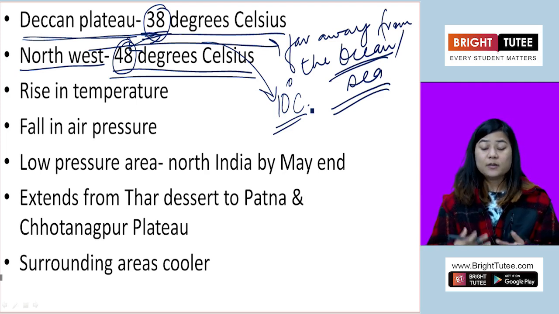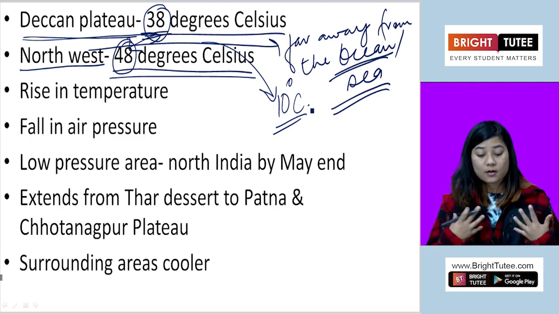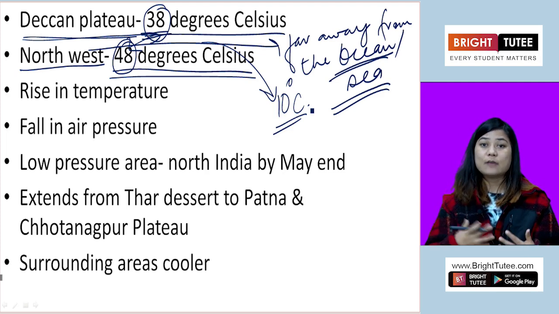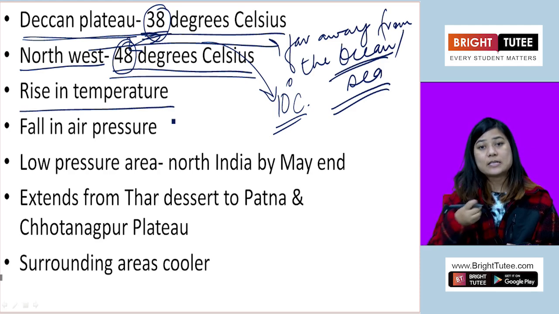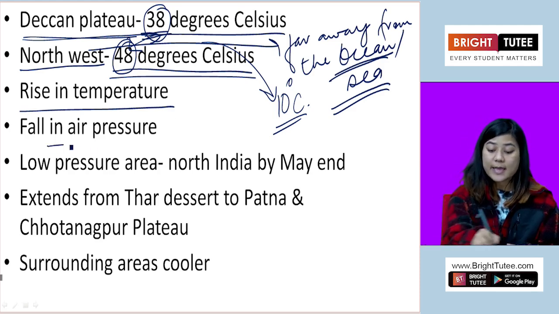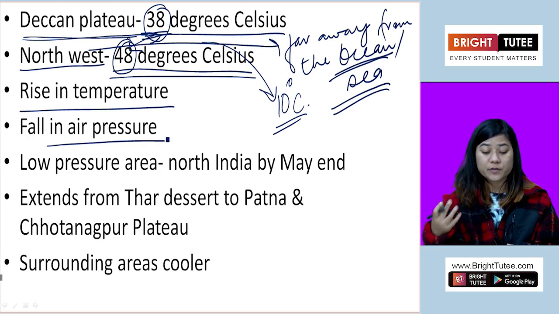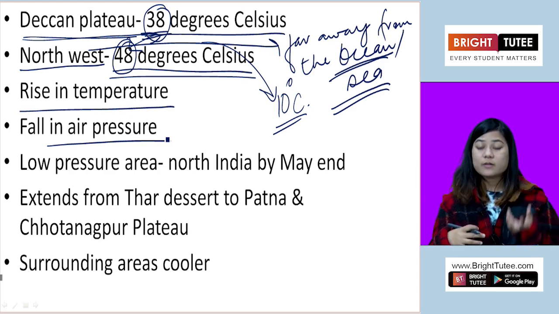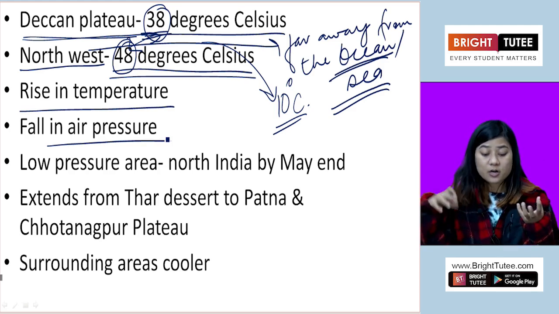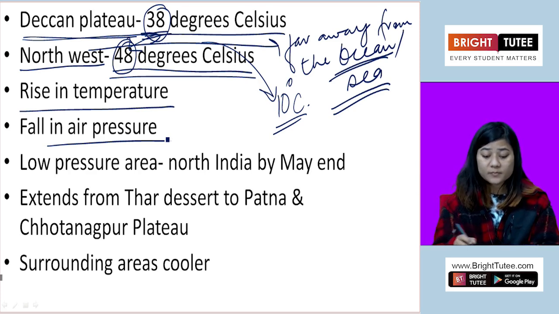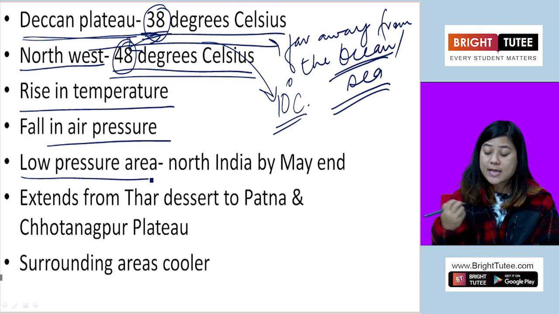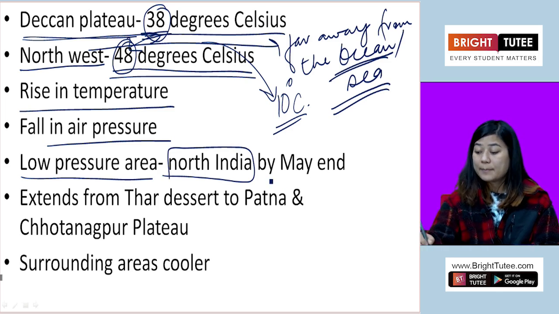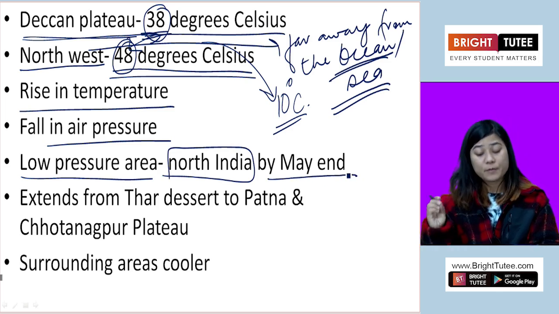Now, during the summer, the temperature rises. Until now, we have been learning how the temperature rises. Now, when there is an increase in the temperature, the air pressure in the atmosphere decreases. Okay, with the rise of temperature, the air pressure falls. So a low air pressure area is developed in the northern part of India, or North India, by the end of the month of May.